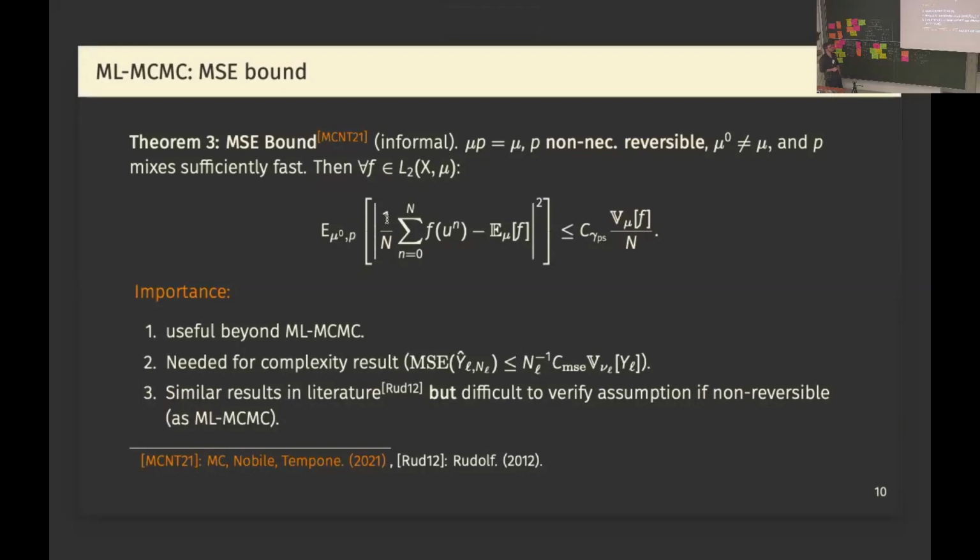And why is this important? Well, it's useful beyond multi-level MCMC. It's needed for the complexity result of Rob et al., where one of the conditions that needs to be satisfied is this one right here.